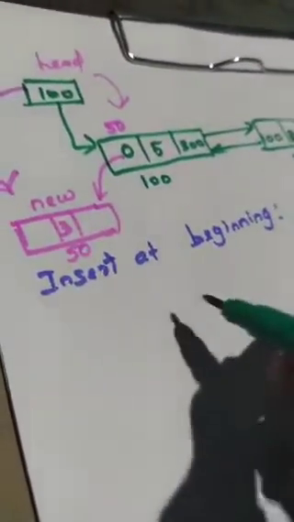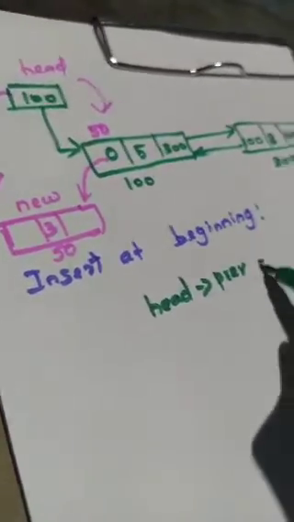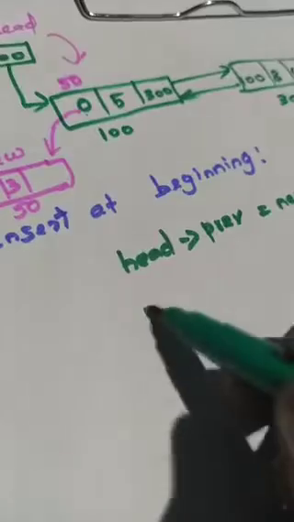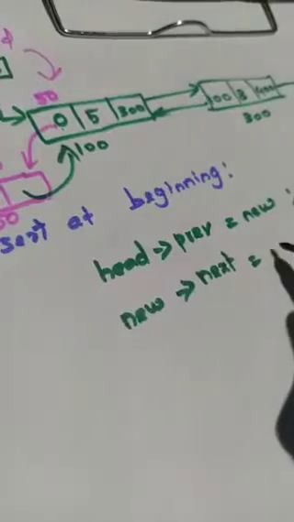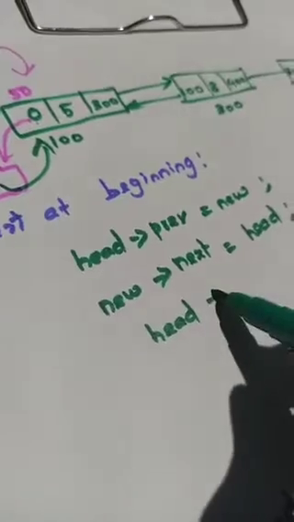Here the steps are: first I have to change head previous is equal to new. This is the head node at the initial stage. So head previous is equal to new, and then new next. Now new next will point to the head node, right? So new next is equal to head, and after that head is equal to new.